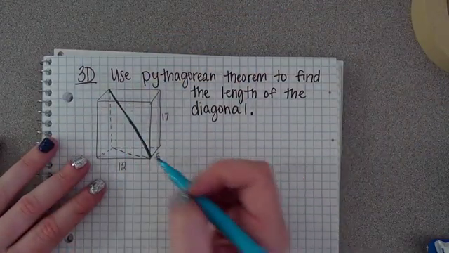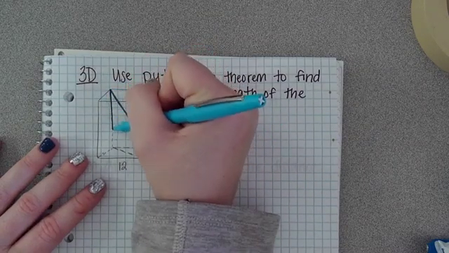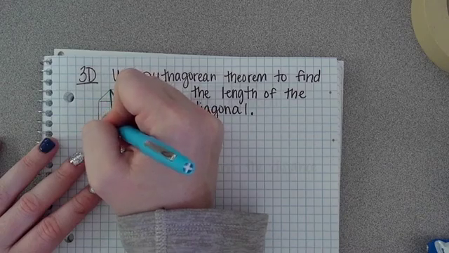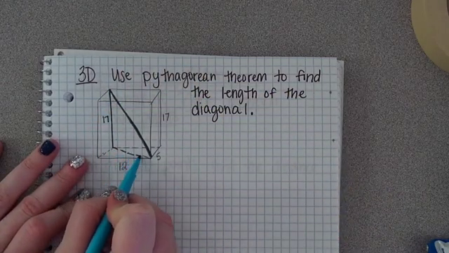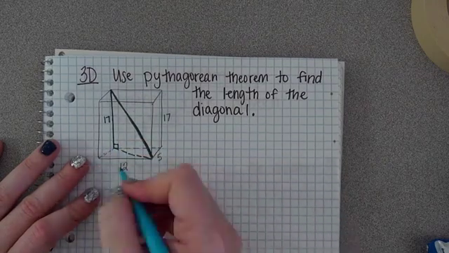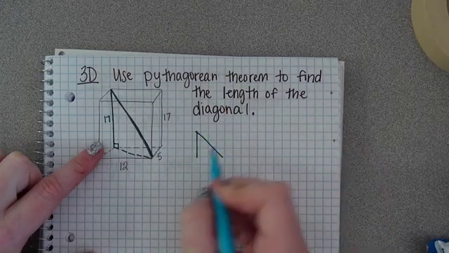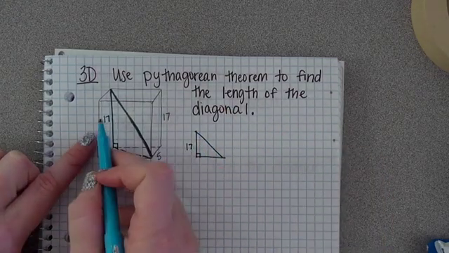Well, if you look, there is a triangle. If you use that side of the wall, which is also the same as that side, that's 17. And then notice this length that's going across the bottom here. That is our triangle. So if I draw that triangle over here, we know that this side is 17.